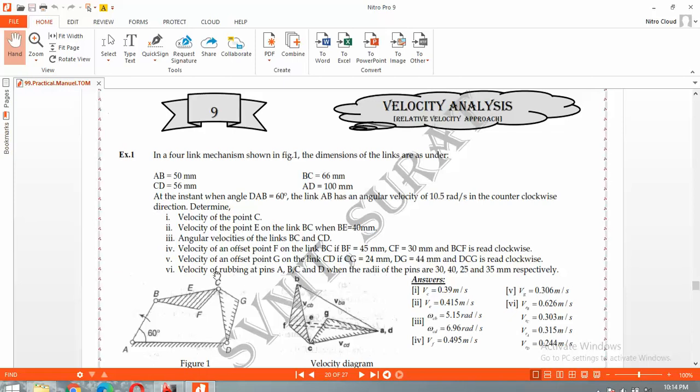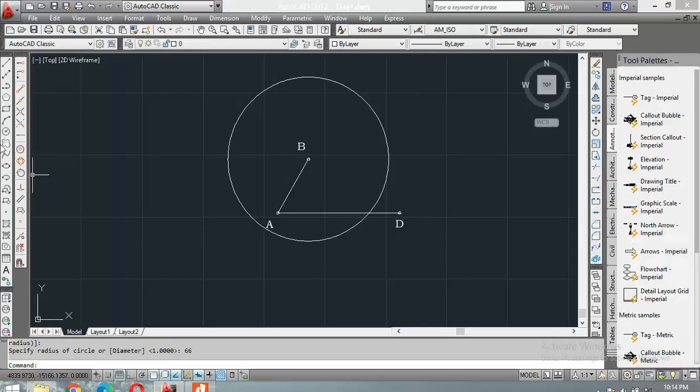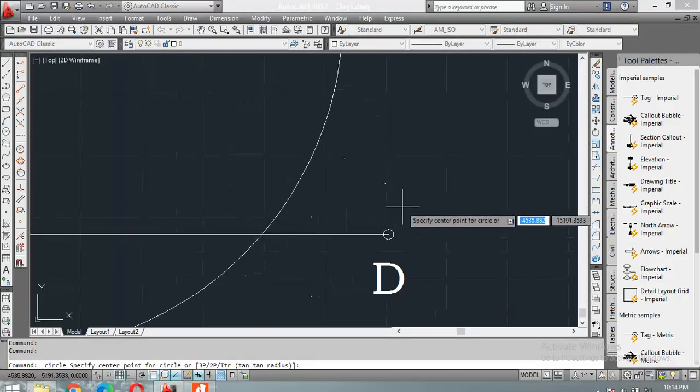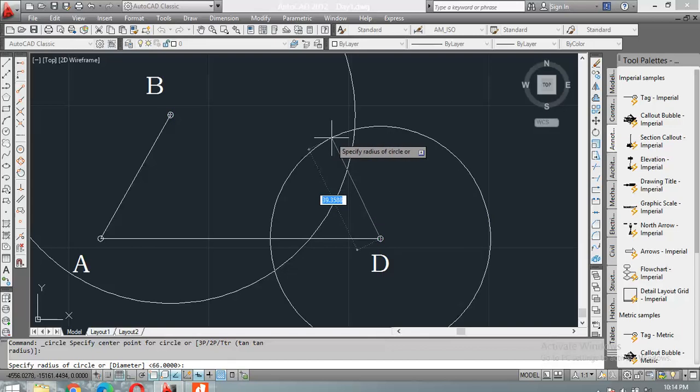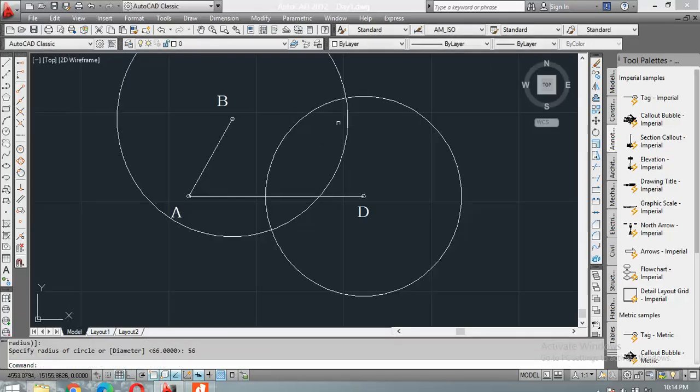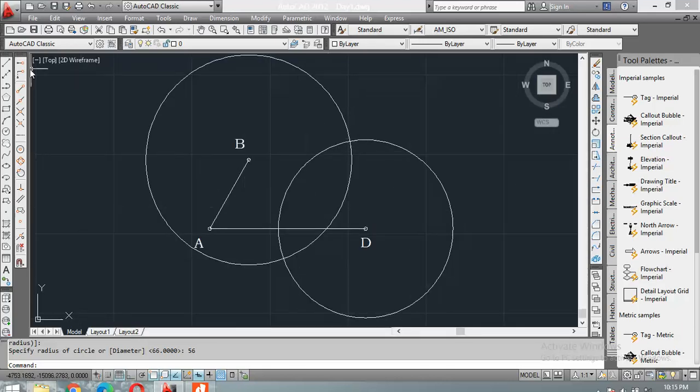Point C should be 56 mm away from D. So let us draw another circle with center D and radius 56. So point C must fall on this circle as well. Already the positions are given.